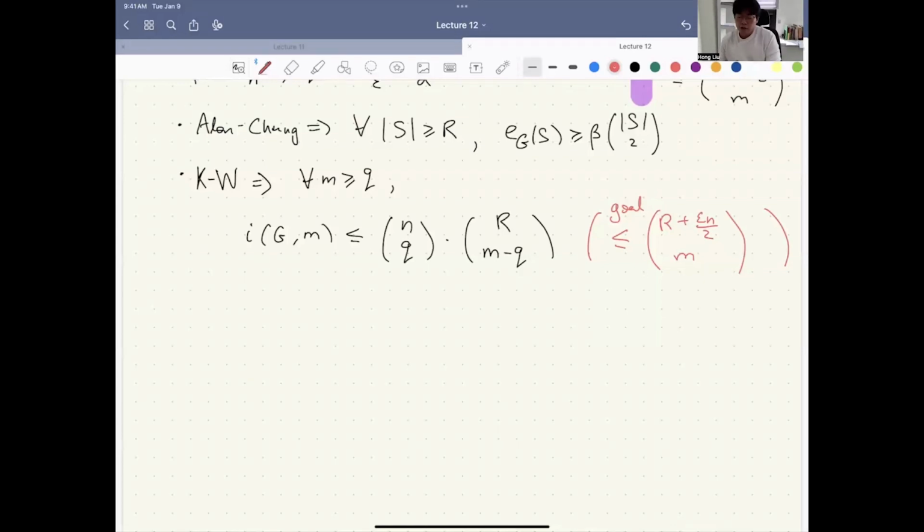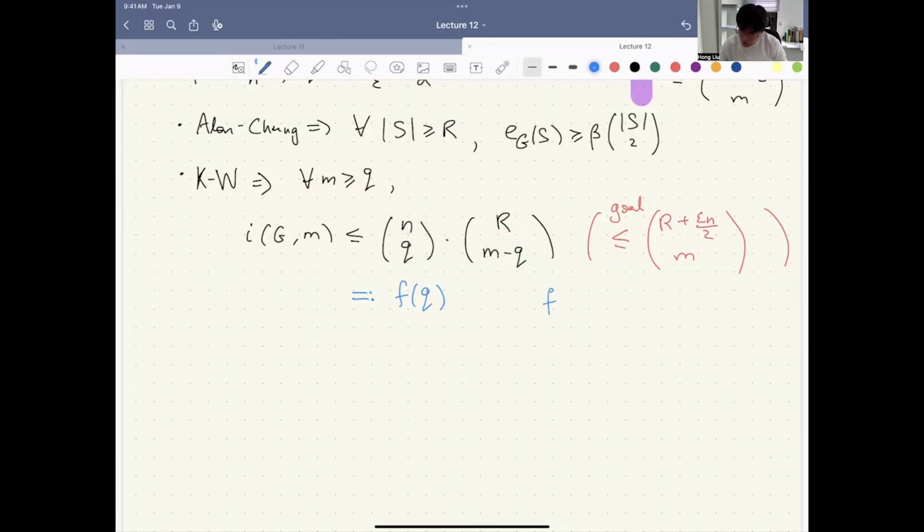There's a nice trick for bounding this kind of thing: telescoping products. Define this product of these two binomial coefficients, where N, R, M are fixed and Q is the variable, to be a function of Q, f(Q).